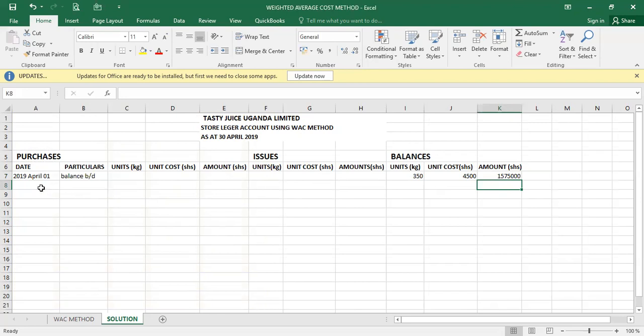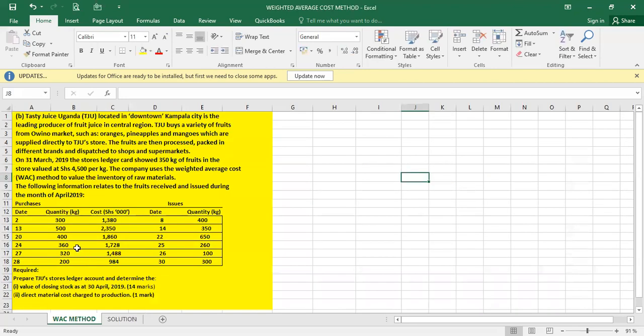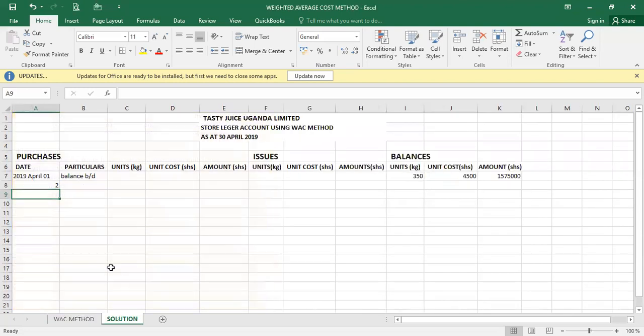So we can go to the second transaction which happened on second. That was a purchase of 300 units at 1,380,000.